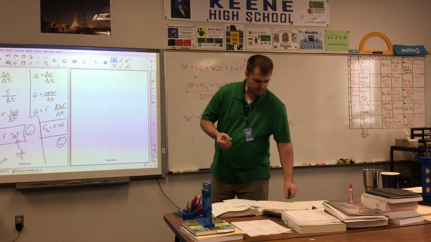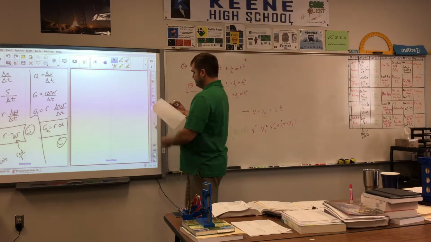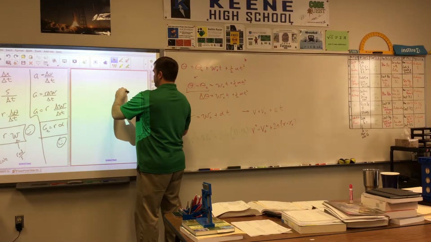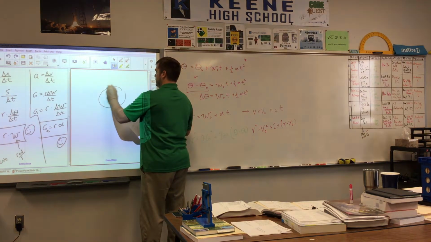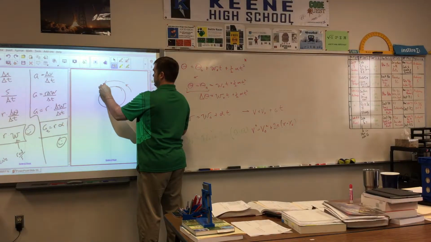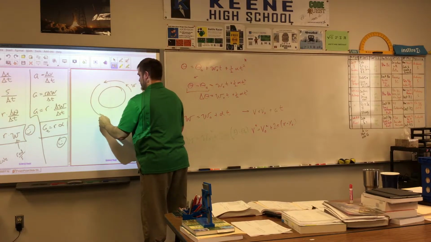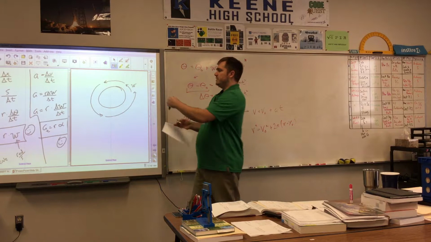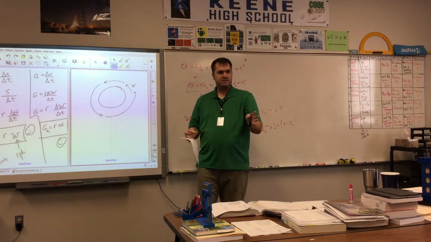This is a big idea that I definitely want to make sure that we understand. We've got something that's moving around in a circle. This is its omega, its angular velocity. So it's going faster and faster and faster. Does that make sense?